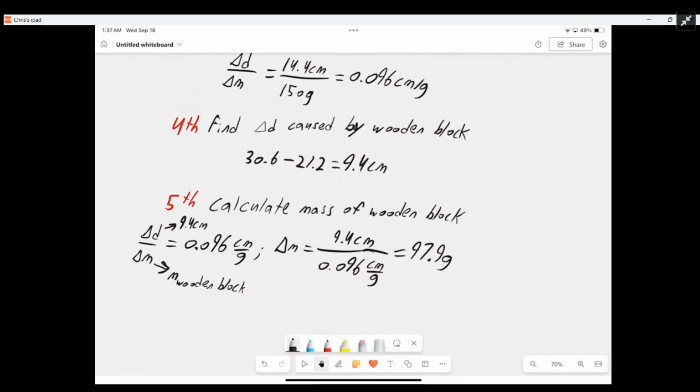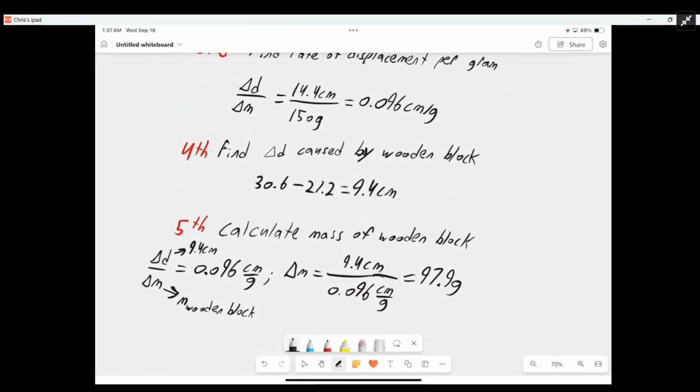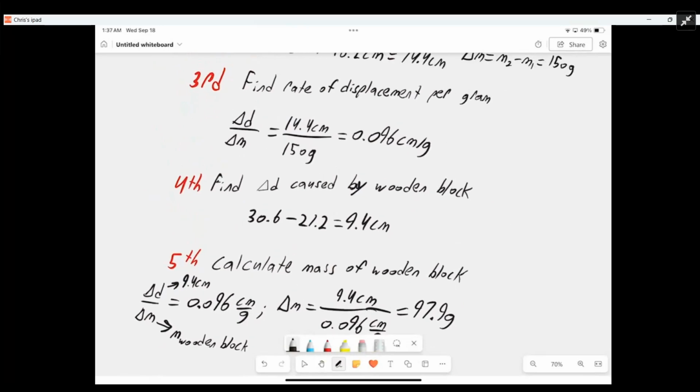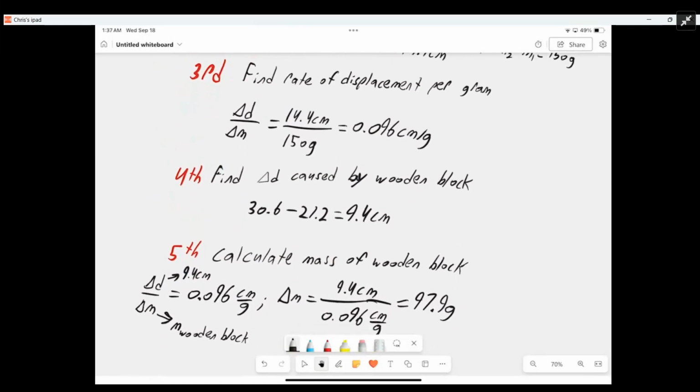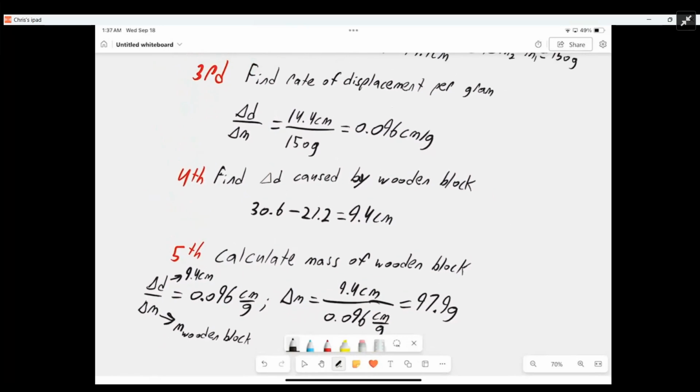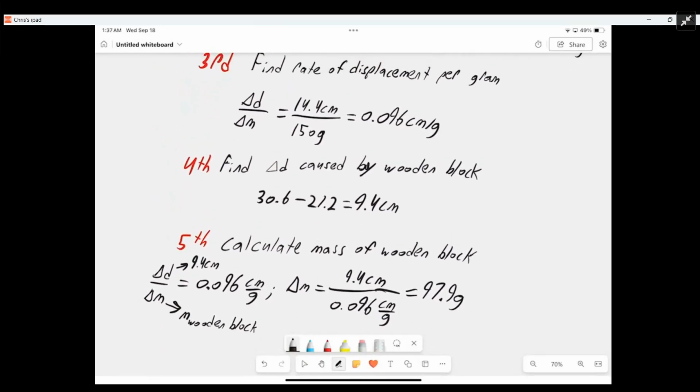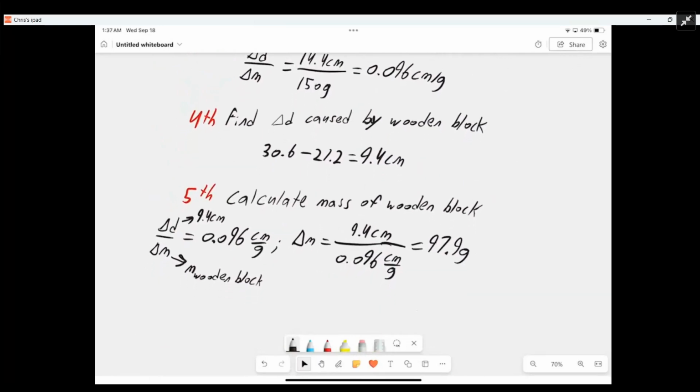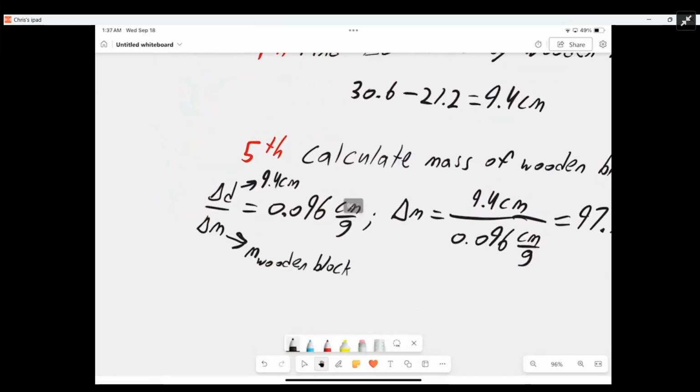Now, when we're finding the mass of the wooden block in the fifth step, recall that in the third step we found the rate of displacement per gram, right? So if we know that the displacement difference caused by the wooden block is 9.4 centimeters, and we know the rate of displacement per gram, we can now do the math.